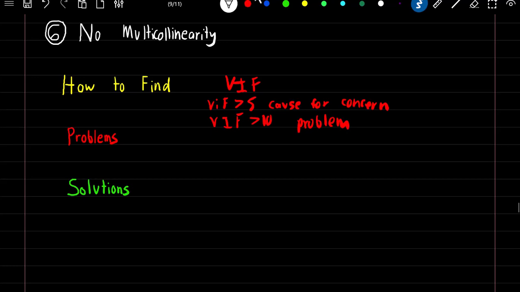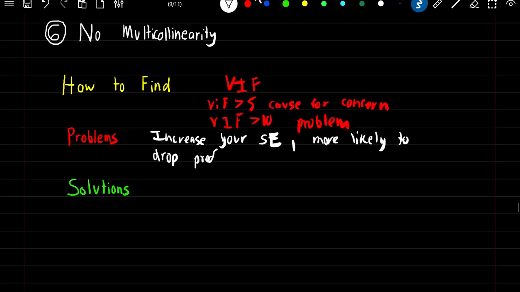The problem it causes is it increases your standard errors, and this makes it more likely to drop predictors. The solution would just be to remove one of the highly correlated variables.